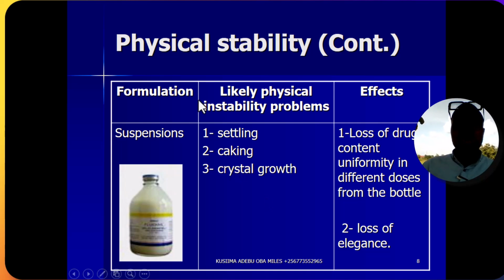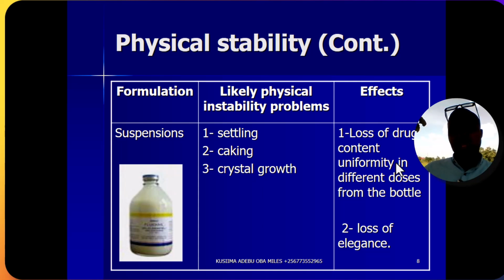For various dosage forms, suspensions, we talked about them. Once they undergo any instability problem, for example, they settle or sediment, they may cake, especially the flocculated system of suspensions. We talked about the flocculated system. They may undergo caking, crystal growth, crystals may grow in them, and they also manifest with loss of content uniformity. You may scoop content from the top of the bottle because it has undergone sedimentation, or it has caked, or it has developed some crystals.